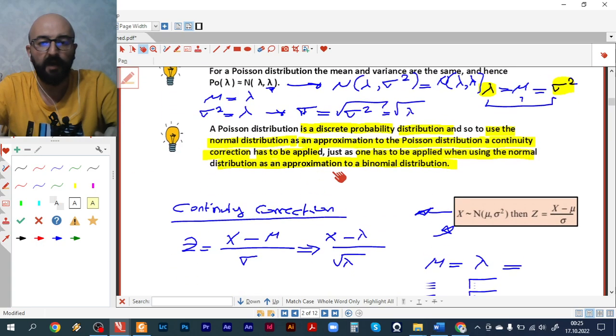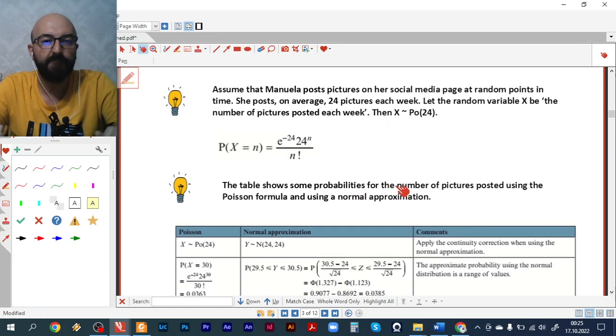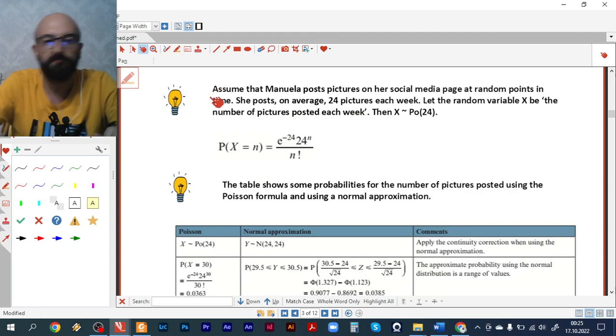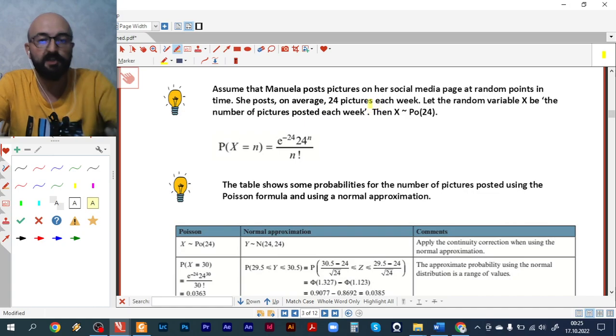Okay, now we have an example about this situation. Assume that Manuela posts pictures on her social media page at random points in time. She posts on average 24 pictures each week. Let the random variable x be the number of pictures posted each week.